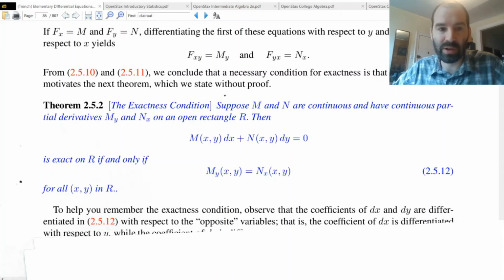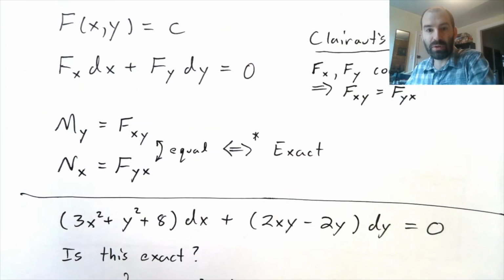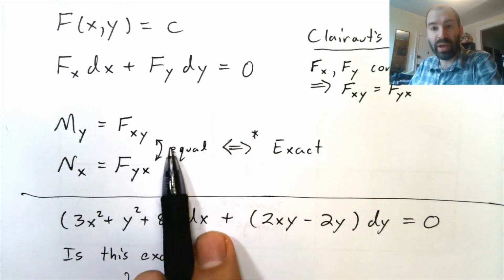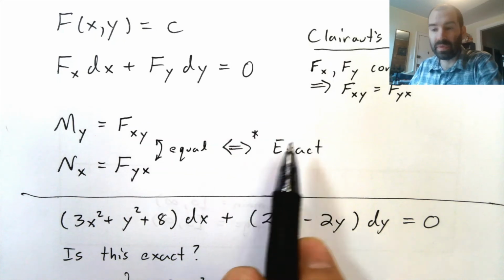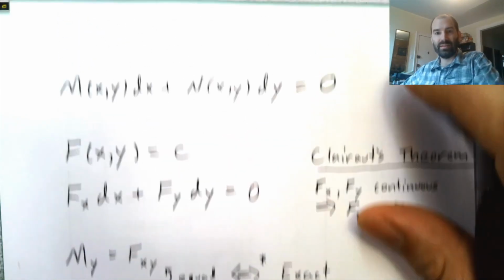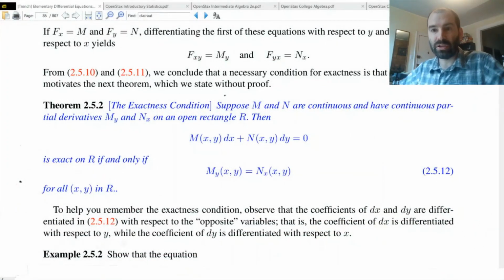And this is exactly the equality that we're checking. And this is if and only if, so that's the both directionality that I was talking about. If and only if means it works both ways. So that is a useful theorem that we can quickly check to see if our differential equations are exact.